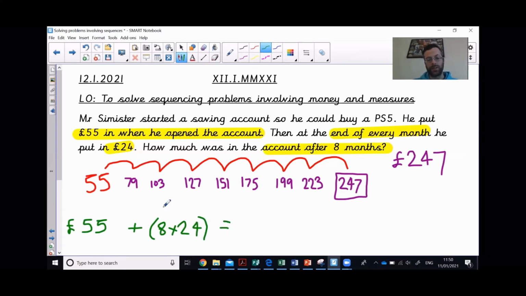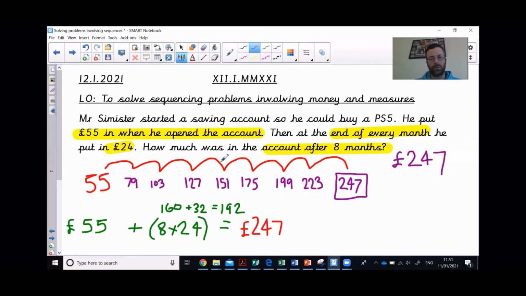So 8 times 20 is 160. 8 times 4 is 32. So 160 add 32 is going to equal 192. Then if I do 192 add 55, oh good, my answer comes to £247.